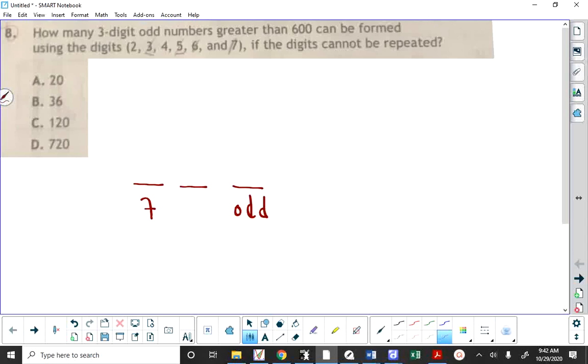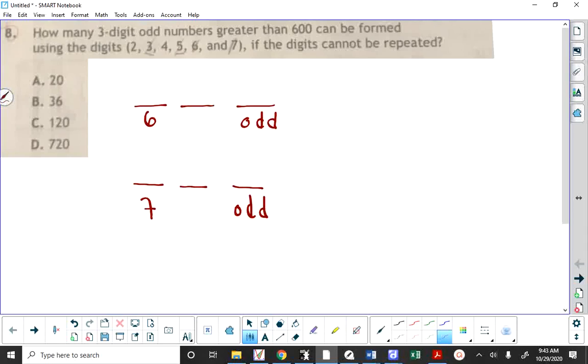On the other hand, if you had a 3-digit number that was in the 600s, that means the first digit has to be a 6, the last digit has to be odd, but if the first digit is a 6, then for the choice of the last digit, which must be odd, you can choose a 3, a 5, or a 7. So the number of different choices you have for the final odd digit depends on whether the number starts with a 6 or the number starts with a 7.